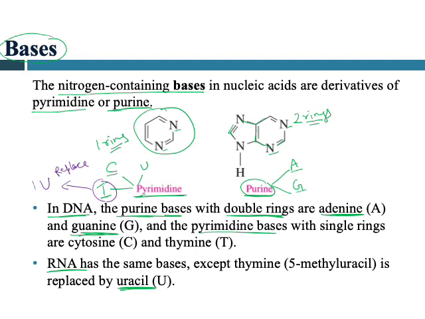So in RNA you don't have thymine, you have uracil instead. Everything else is the same: adenine, guanine, cytosine. But in DNA you don't have uracil, you have thymine. So that's the difference between the bases in DNA and RNA.